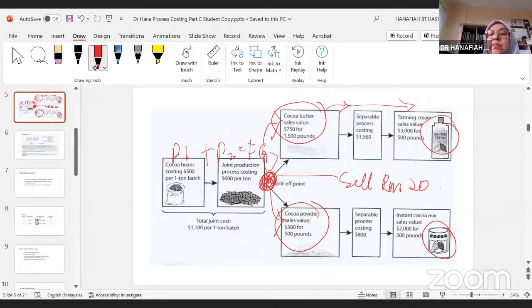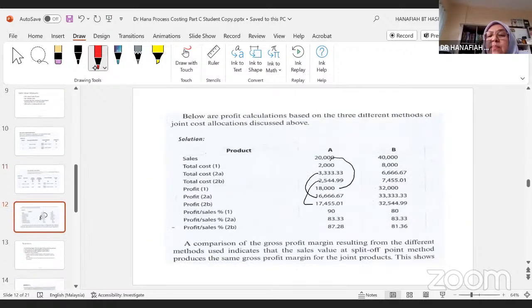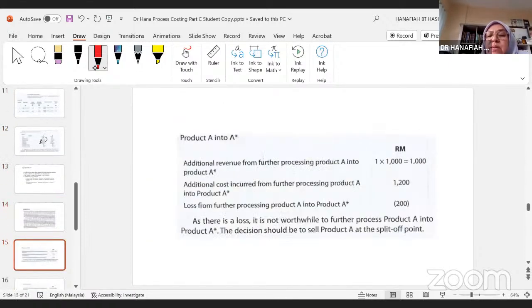But in order for you to decide to continue the process, it is something that you have to consider, where you will reach at this stage. This is what I mentioned earlier. Let's say you add another process, you can sell extra of 1 ringgit. So 1 ringgit times 1,000, you actually earn 1,000 extra. However, in order for you to proceed with this further process, you incur 1,000 too.